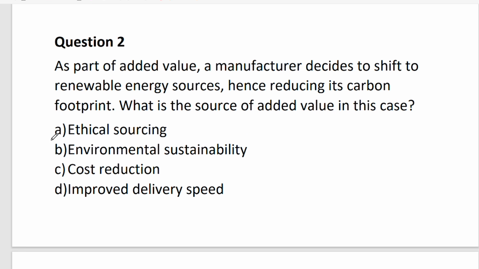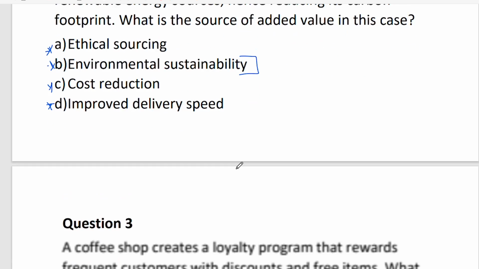Is it ethical sourcing? They're not talking about asking suppliers. Is it environmental sustainability, cost reduction, or improved delivery speed? No one even talked about those. They're just going for sustainability. So the answer here is environmental sustainability. That's pretty much what that question is testing you on. It's one of those ESG sort of questions.